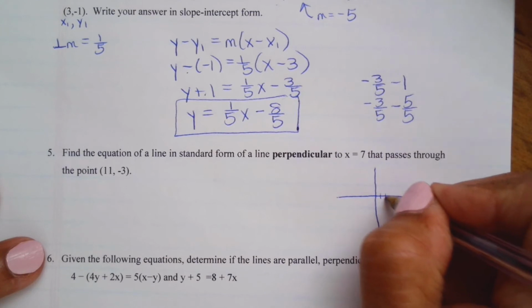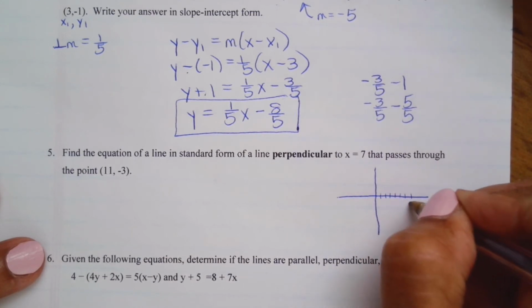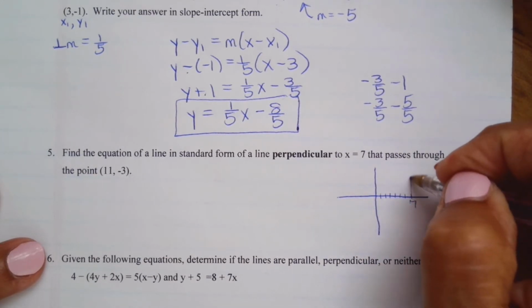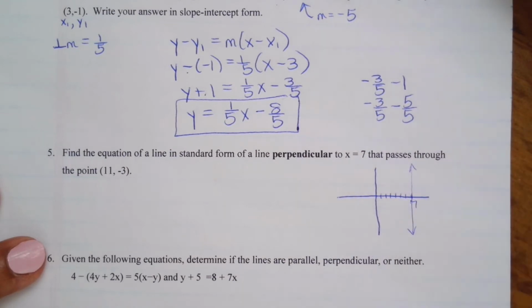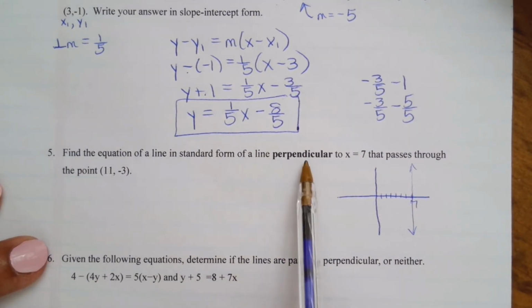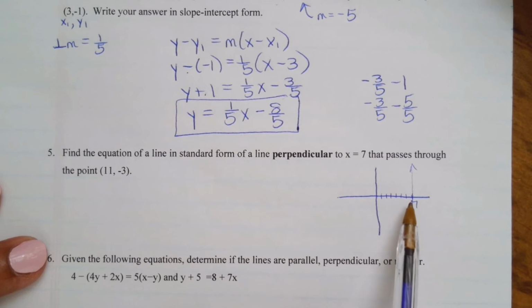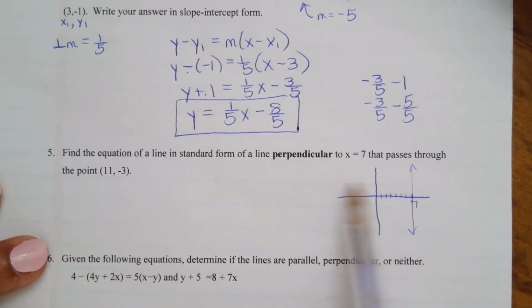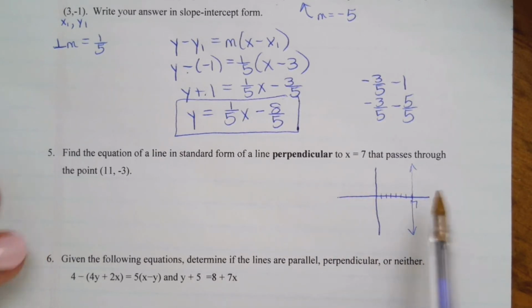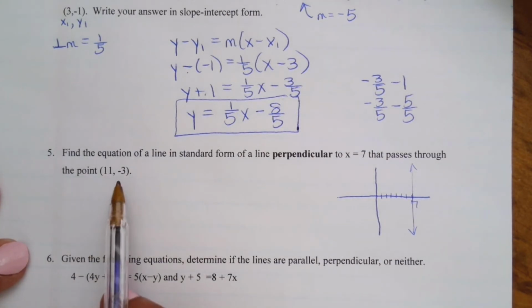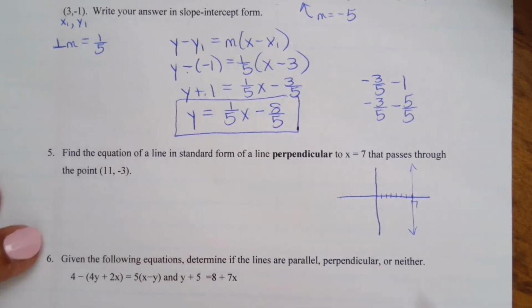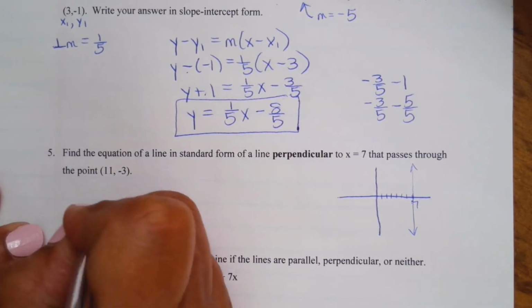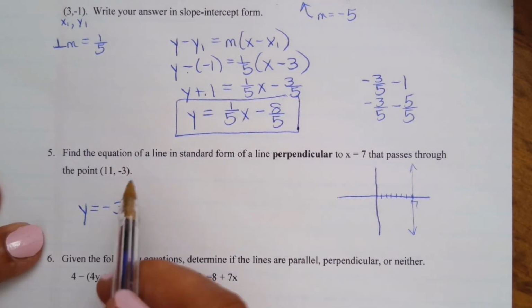Go to 7, 1, 2, 3, 4, 5, 6, 7. Here is x equals 7. It's a vertical line right there. So a line that's perpendicular to this line would have to be a horizontal line, right? And horizontal lines are always the equation y equals. Well, remember when you write a horizontal line, you do y equals whatever the y value is. So I know that this answer would be y equals -3.